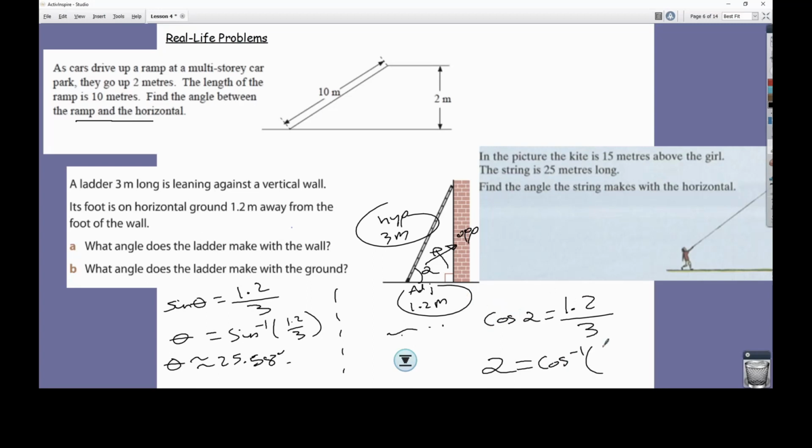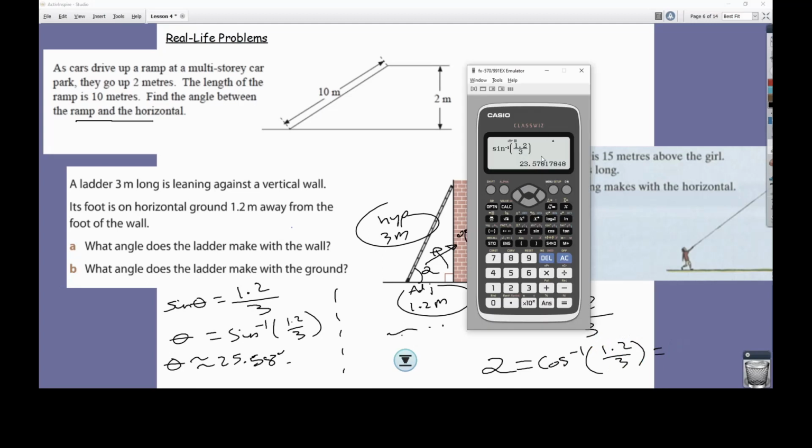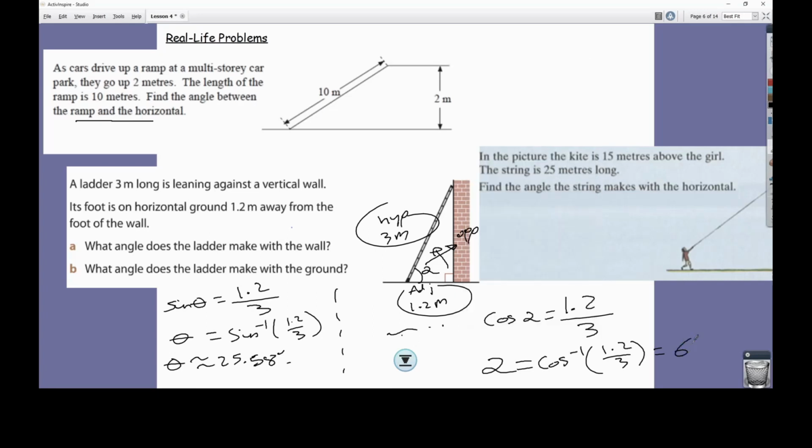Cos minus 1 on the right gives me cos minus 1 of 1.2 over 3. So shift cos 1.2 over 3, which gives me 66.42 degrees to 2 dp.